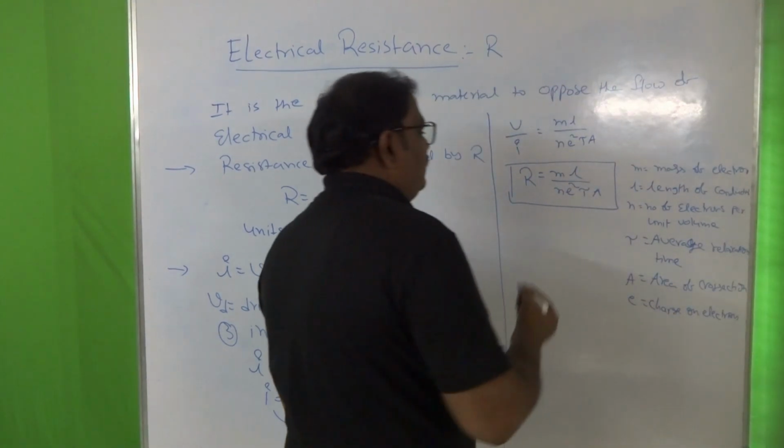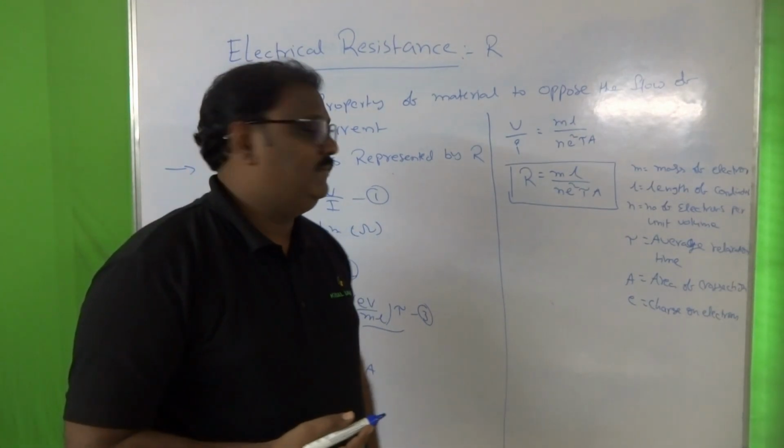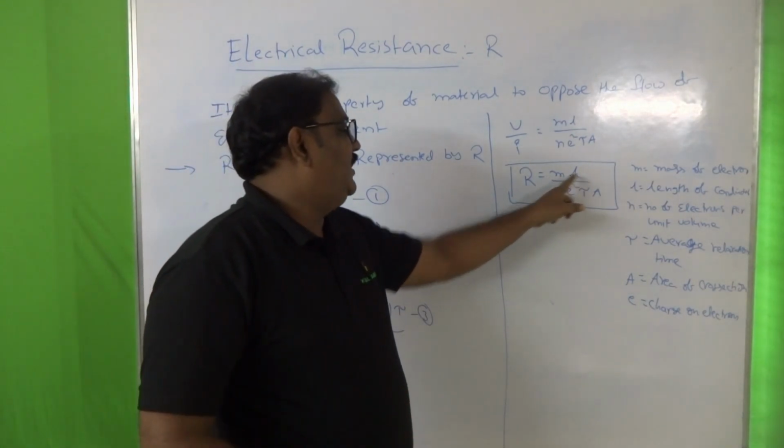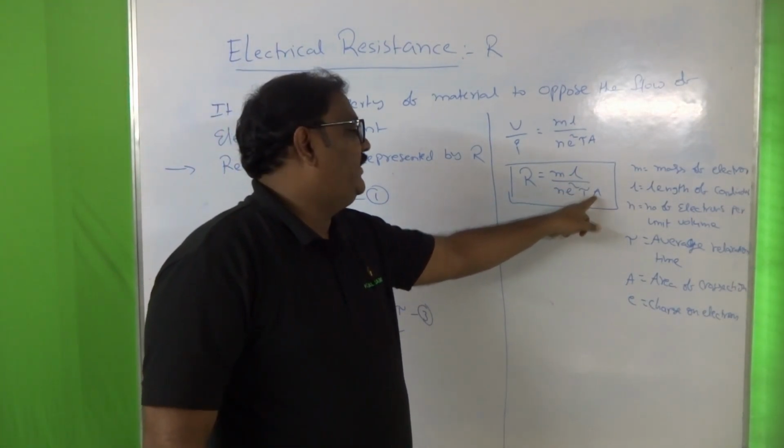So this is a very important formula: R equal to m L by n into E square tau into A.